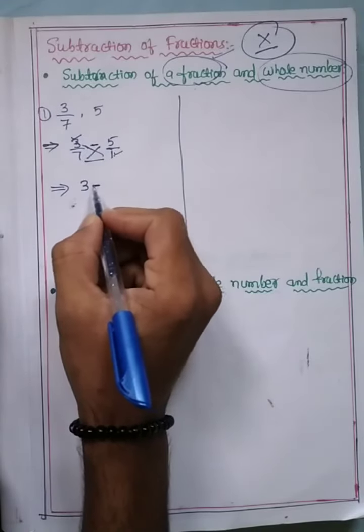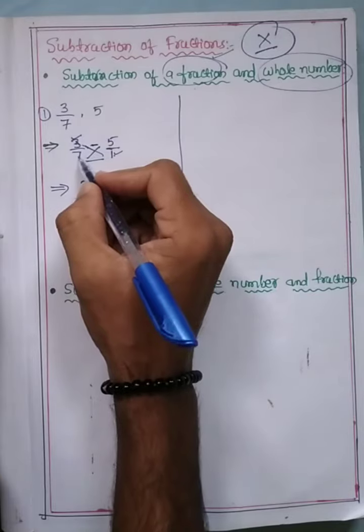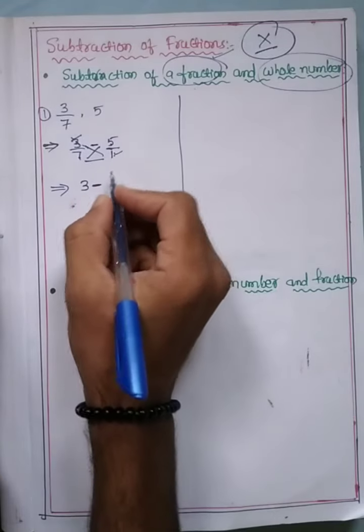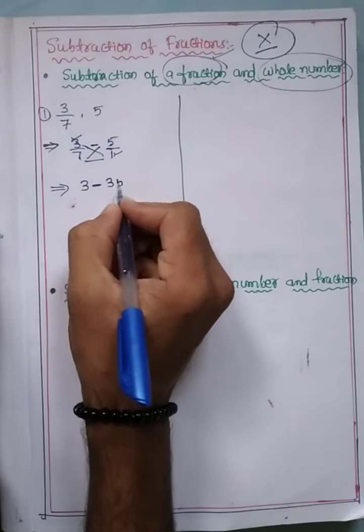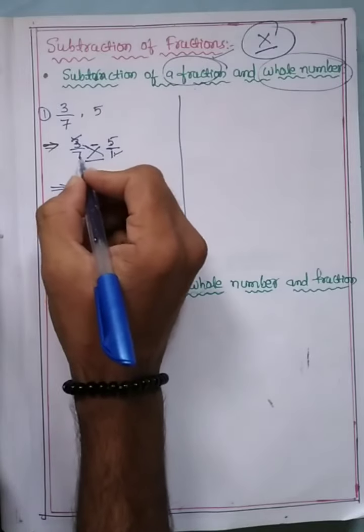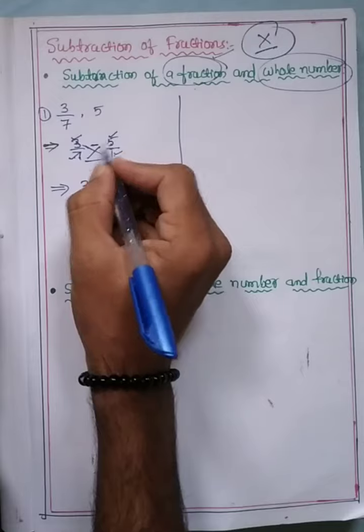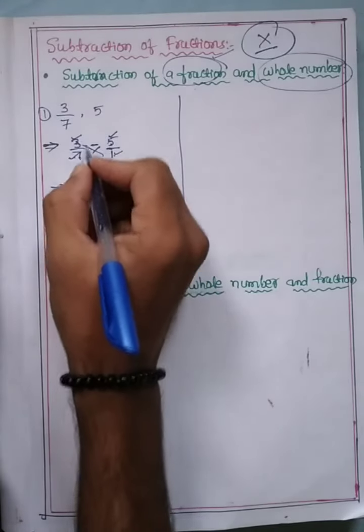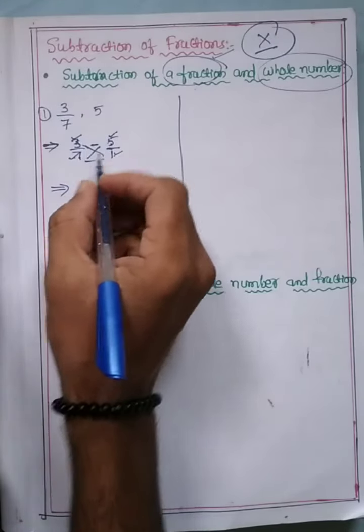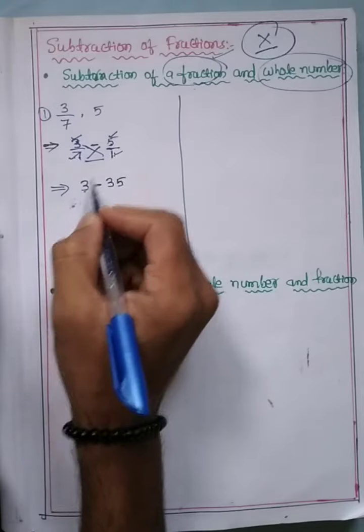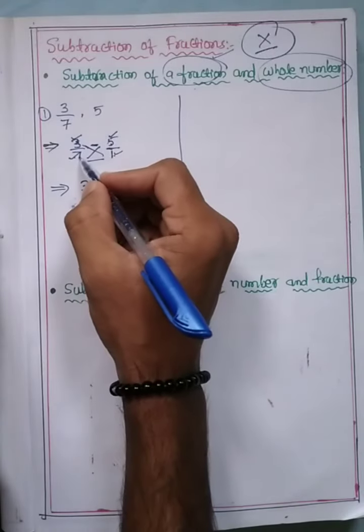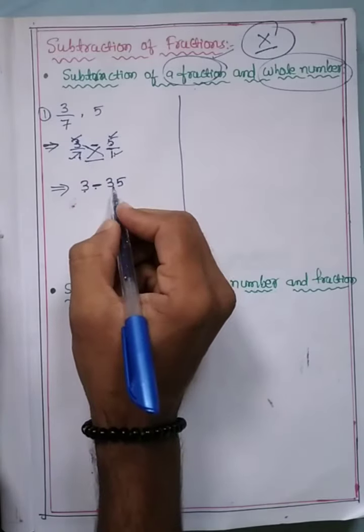Take this minus as it is. Then 7 fives are 35. You multiply both of these numbers, 7 into 5 or 5 into 7, 35. So what I did here: 3 ones are 3, take minus as it is, then 7 fives are 35.